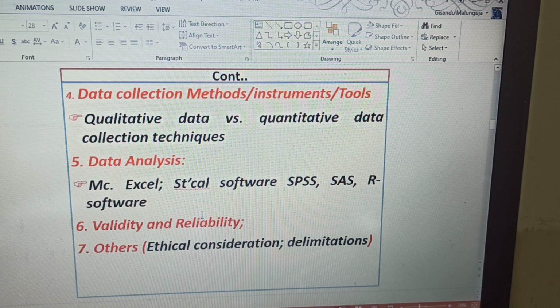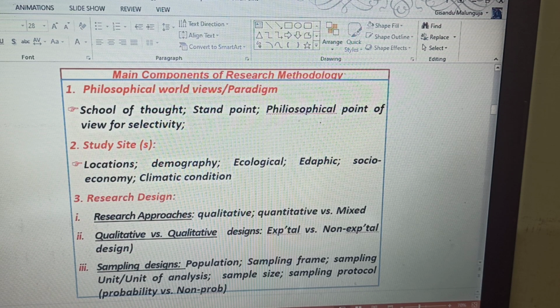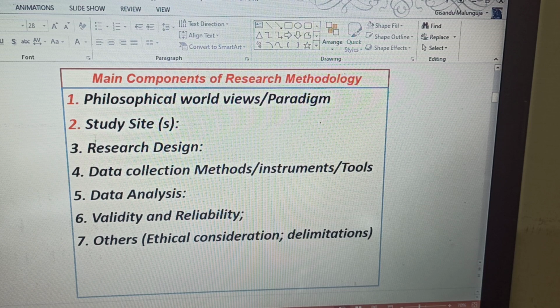Each has different ways of reporting and writing it. I promised that I will take one after the other in the next lectures, so that we have the same understanding. So I found it necessary to provide this overview before we go into the detail of one after the other.